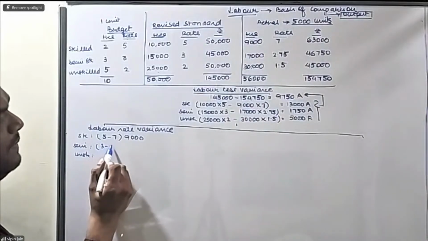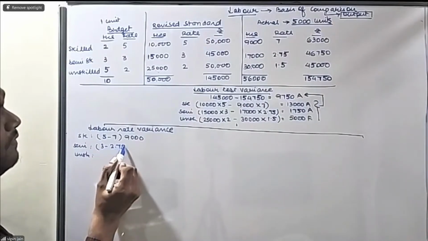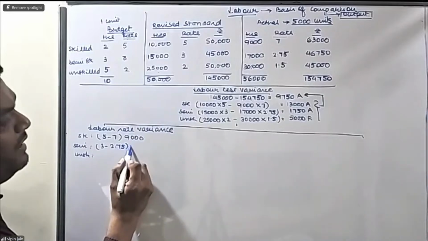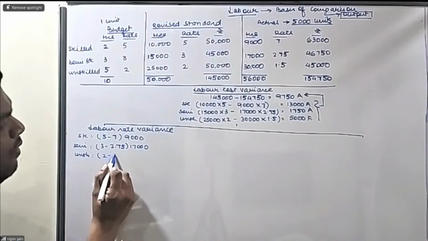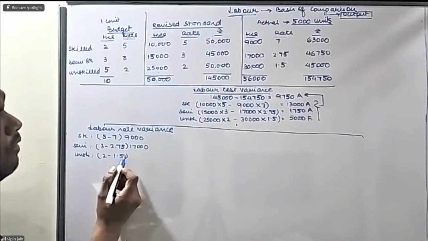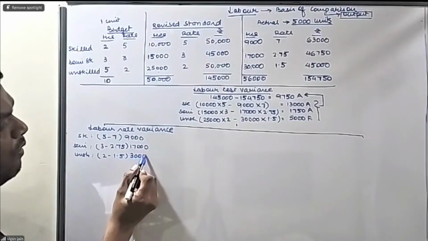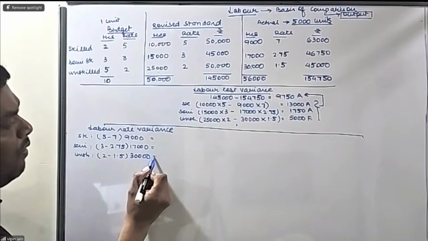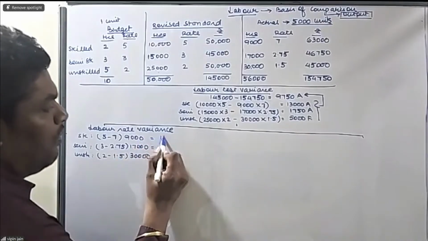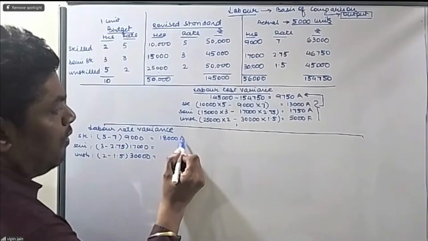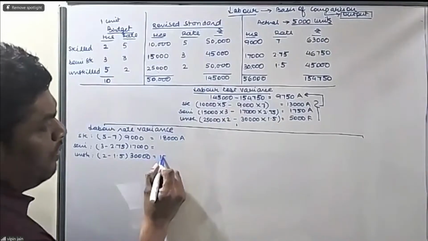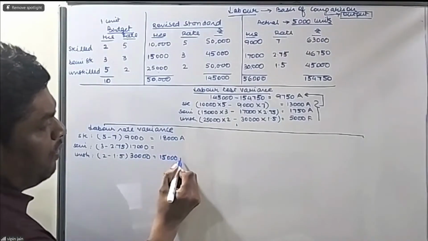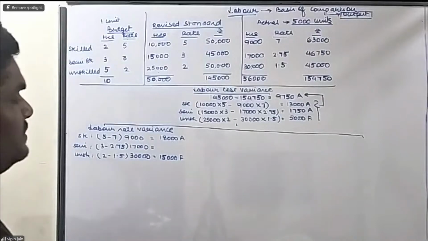Similarly, here also 3 minus 2.75 into 17,000. This will be 15,000 favorable.